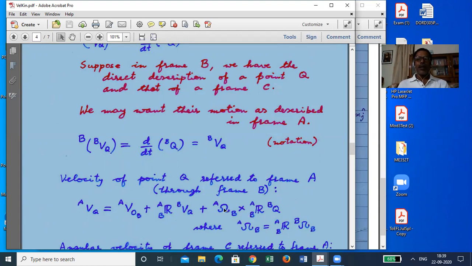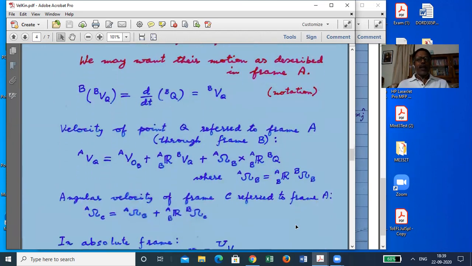And this is already in frame A because it is basically this, in which the vector omega B is the angular velocity of B in the basis B itself.